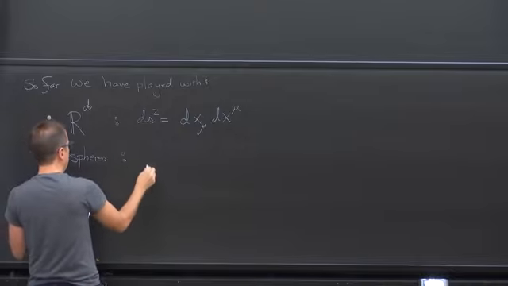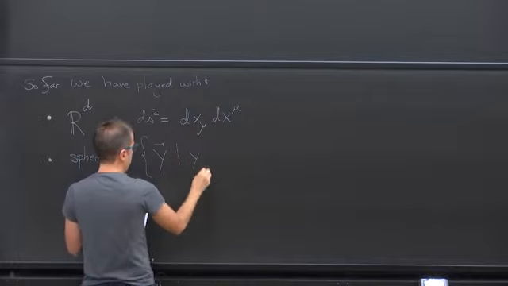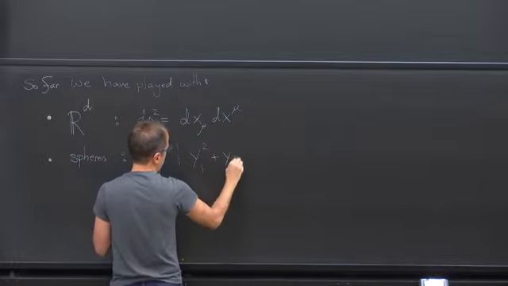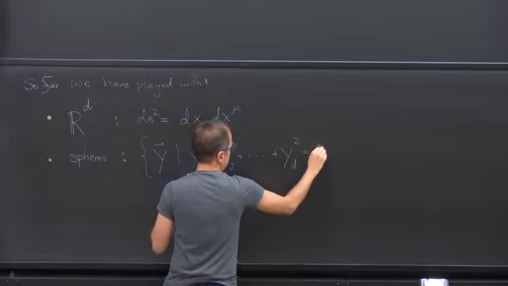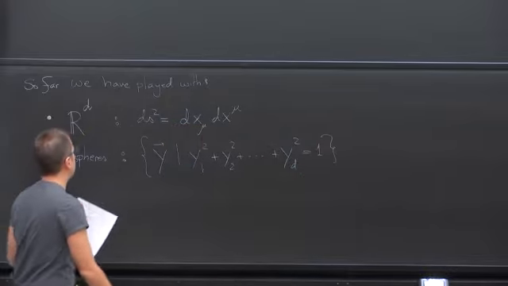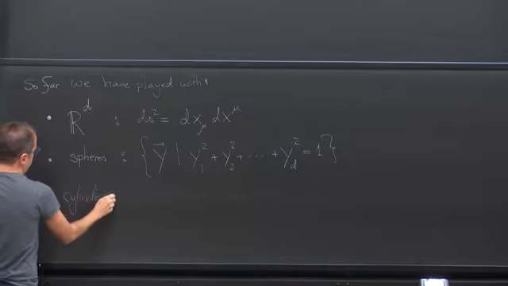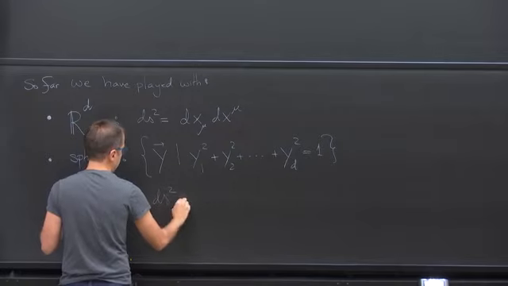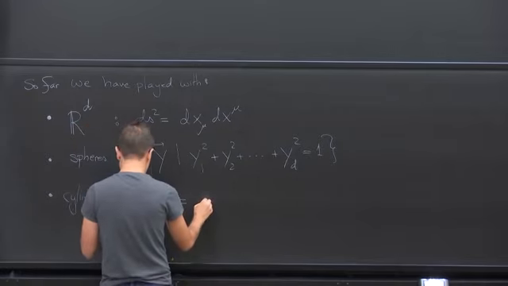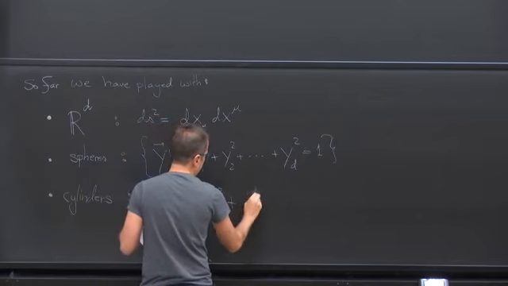Spheres are the set of points y that are equally spaced from a center, something like this. And we also encountered another space, which were cylinders. Cylinders would have a space-time ds squared, which would be something like some d tau squared plus a sphere.